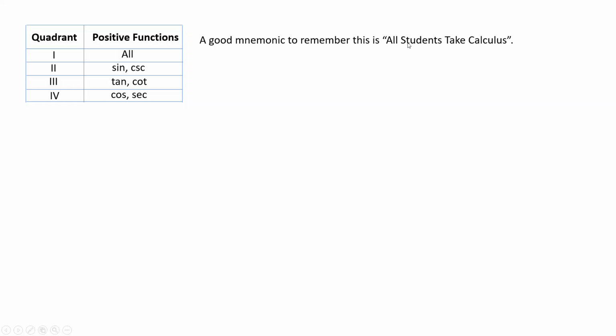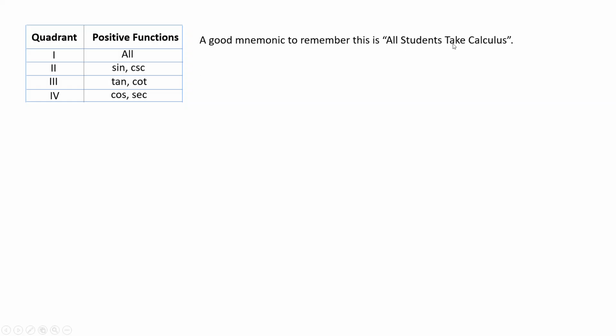Okay, and how are we supposed to use this? All means in first quadrant, the first word is all, which is for first quadrant. So all the trig functions are positive in the first quadrant. The second word is students, starts with an S, so that means sine is positive, and automatically its reciprocal cosecant is also positive in the second quadrant.